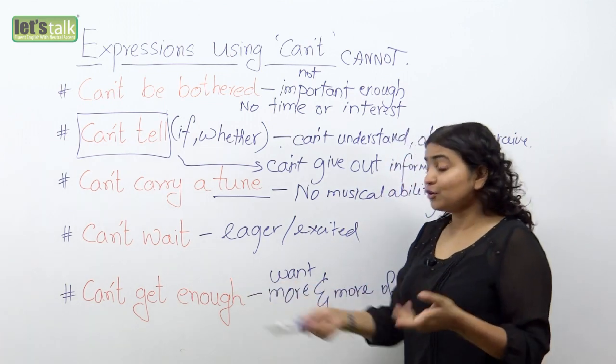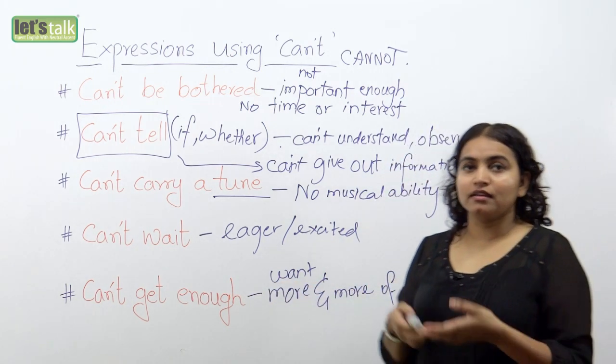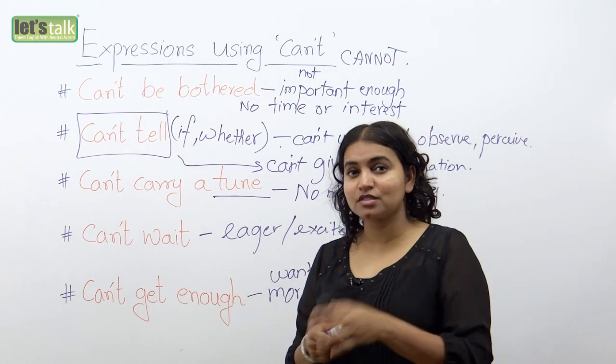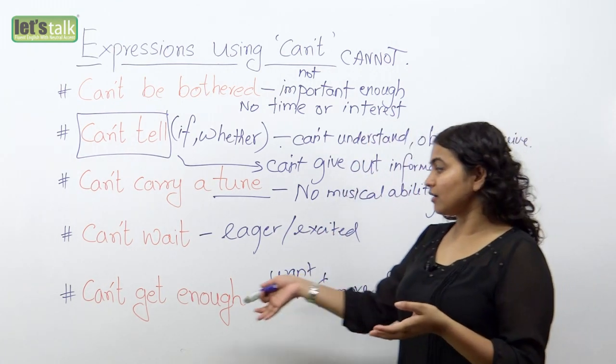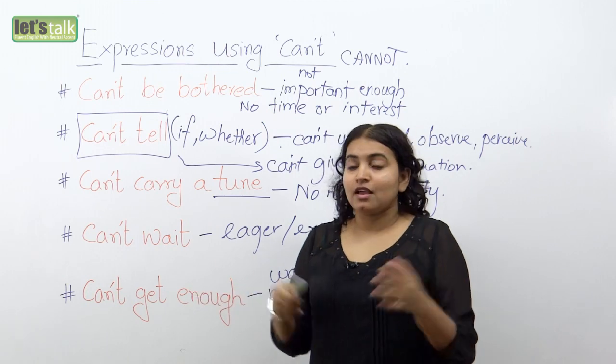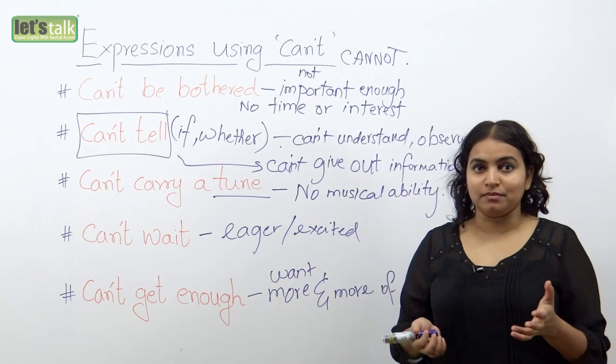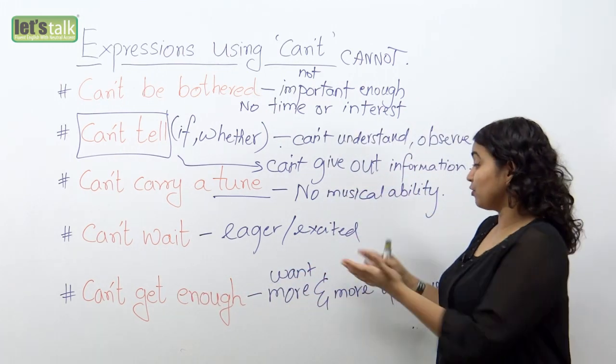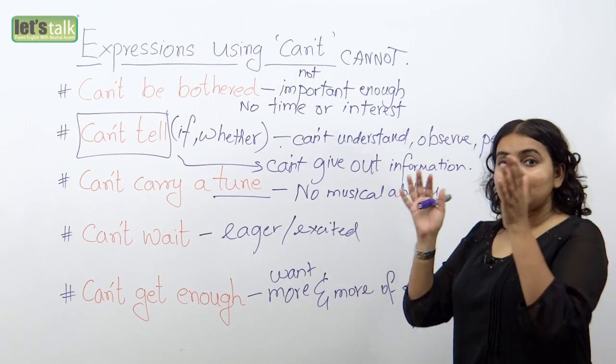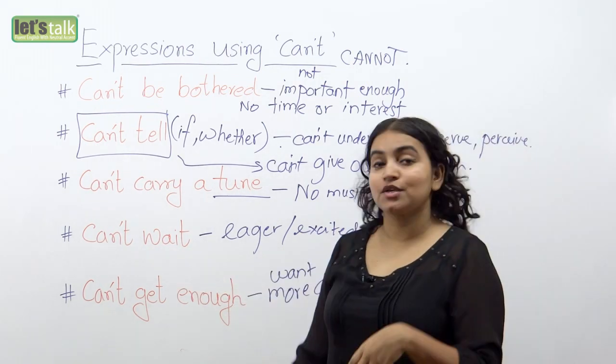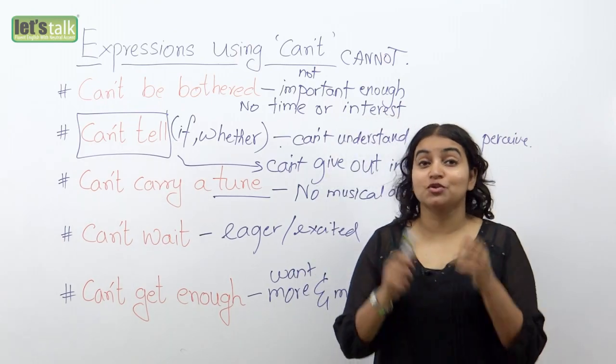So if you like a singer like Nicki Minaj, you love listening to her songs, so you can say something like, I can't get enough of Nicki Minaj. I can't get enough of ice cream, because you love ice cream. You want more and more of it. Okay, nothing is ever enough for you as far as that thing is concerned, because you really love it a lot.